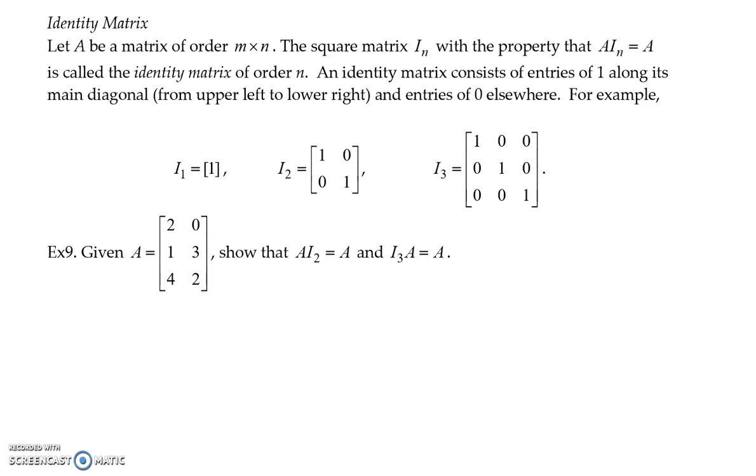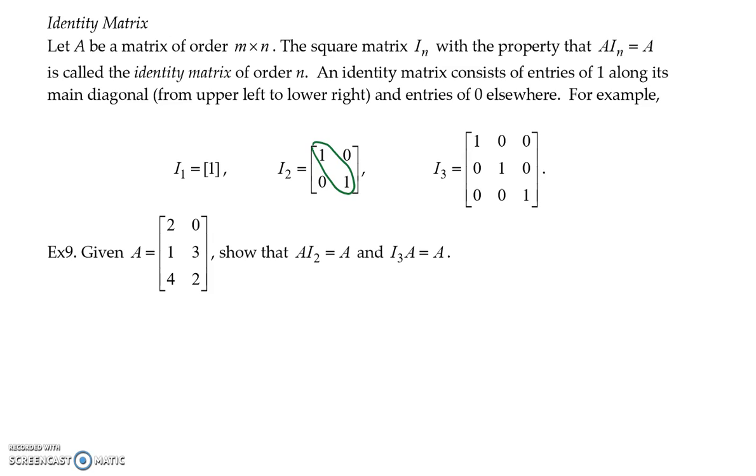For example, if you have a 1 by 1 identity matrix, that's just the number 1 in brackets. If you have a 2 by 2 identity matrix, then you have 1 0 0 1. So the main diagonal is what we call this diagonal here.